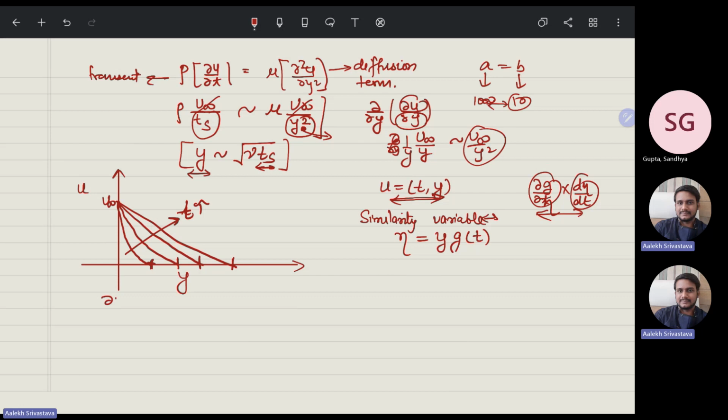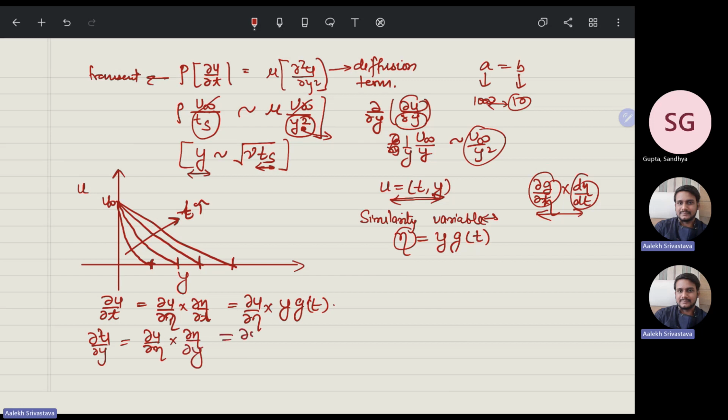So if I'm saying del u by del t, it is del u by del eta into del eta by del t, and eta is this function, so it will be y into g prime of a function of t. Similarly, del u by del y is equal to del u by del eta into del eta by del y, so del u by del eta into, if I differentiate it, it is only g.